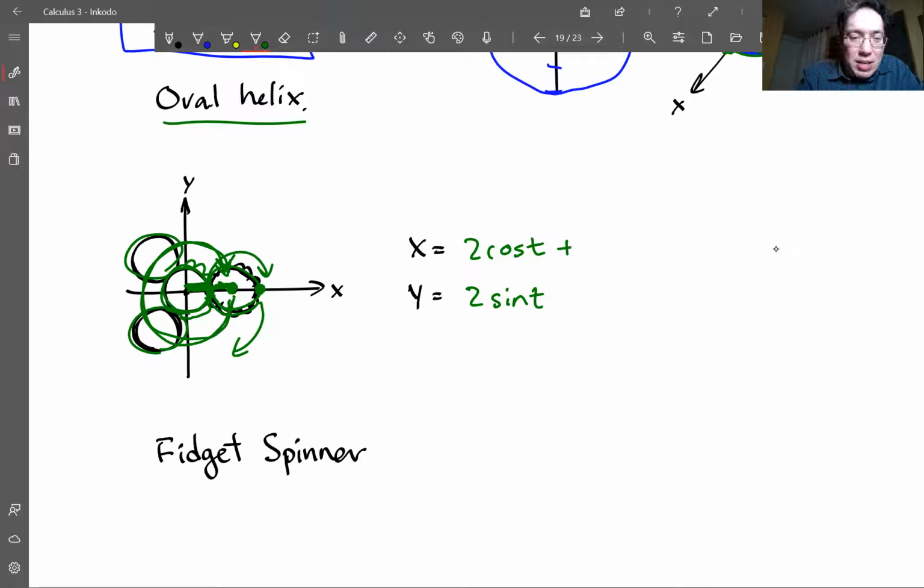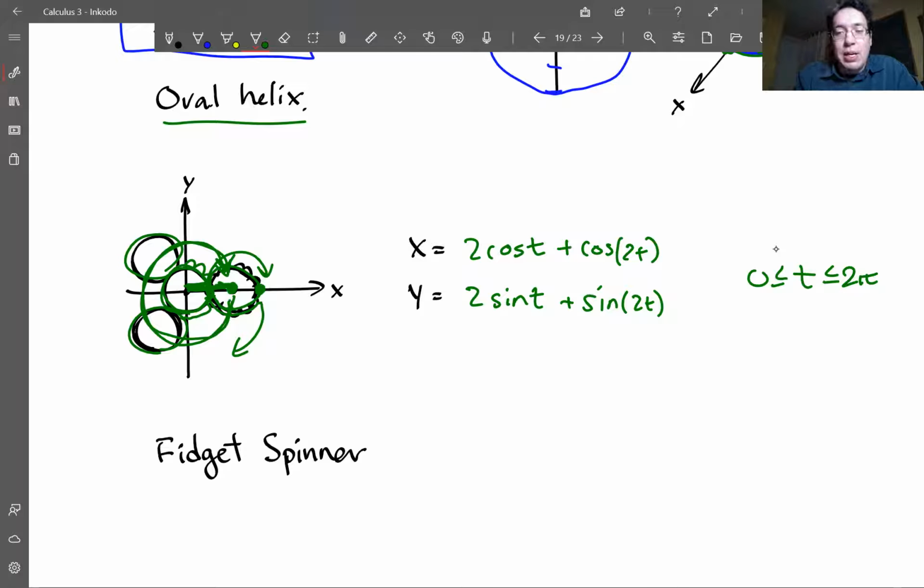So it should be cosine of 2t and sine of 2t. I'm multiplying the inside by 2 because it goes through the entire period twice as t goes from 0 to 2 pi.